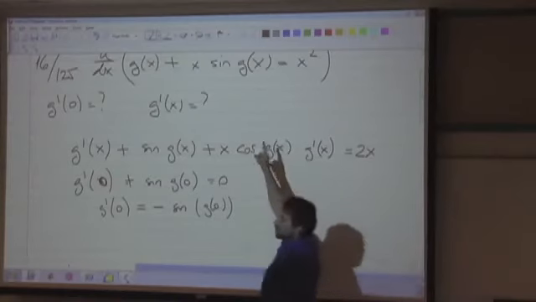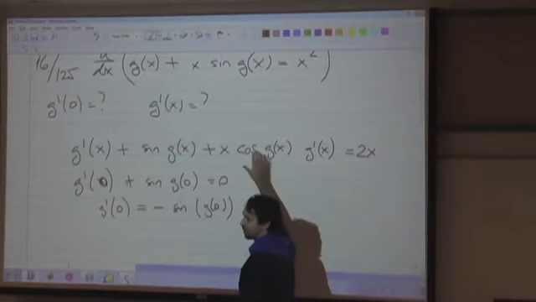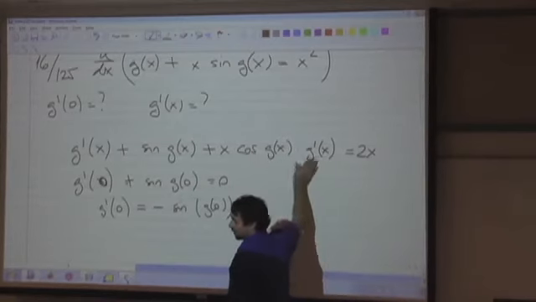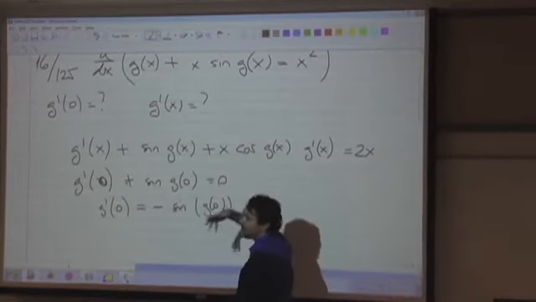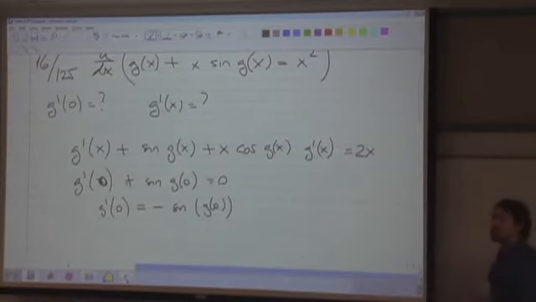We had sine of g of x. When you take the derivative, you end up with cosine of g of x times g prime. Is this clear? Well, that's exactly the same thing here. If you're having difficulty remembering to take the derivative of y as well, just write y of x when you write out the problem, and then hopefully you'll remember that it's actually a function of x.